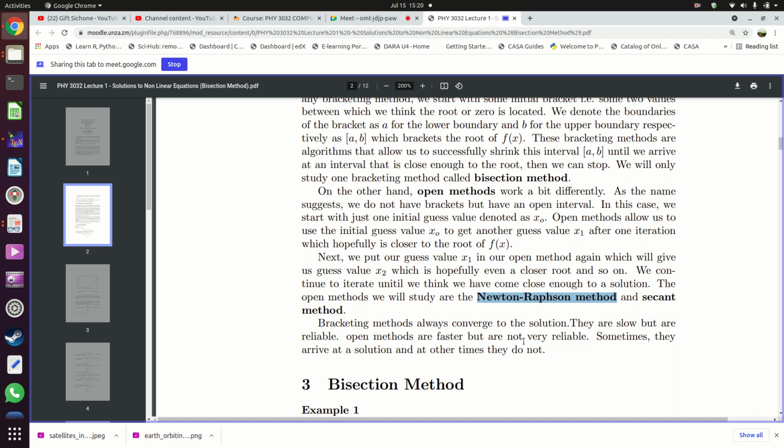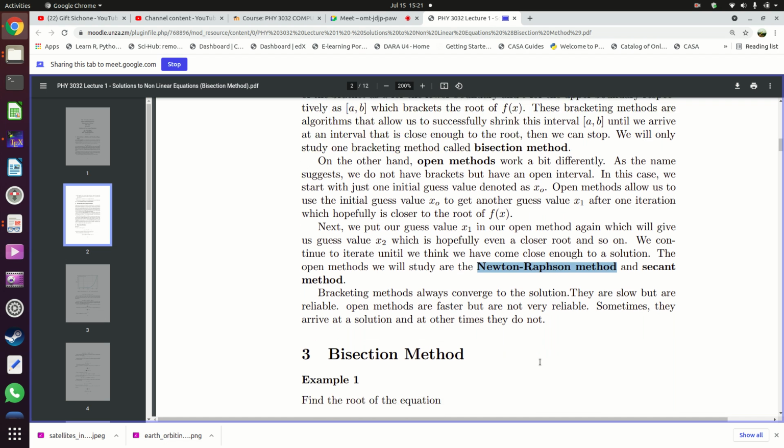With an open method, sometimes you will arrive at an answer. Sometimes it can take you away from the answer. So there is no guarantee that there's going to be convergence. It depends on how you've chosen your guess solution and also what kind of function you're looking at. So sometimes you might converge to a solution, other times not so much.